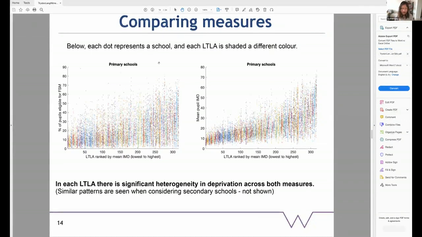If we go to the other side, we still see some schools with a high percentage of pupils eligible for free school meals, even in the least deprived areas. So there's significant heterogeneity within LTLAs in terms of deprivation at the school level.